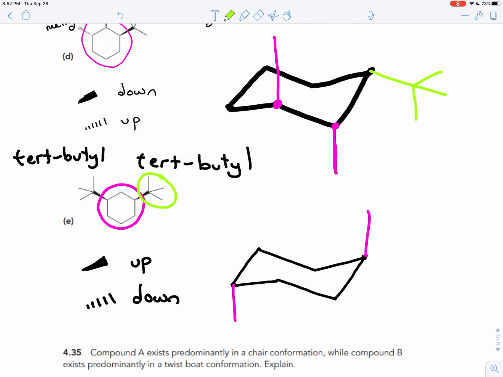And let's just choose one. They're both as bulky. One of them needs to be equatorial. So let's draw one equatorial. Now the one that would be going equatorial up, that would be coming off of this end carbon. And that's equatorial going up because every carbon has both an axial and an equatorial position going in opposite directions. This had axial down, so it would have to be equatorial up.